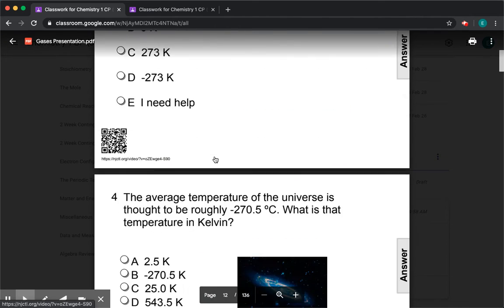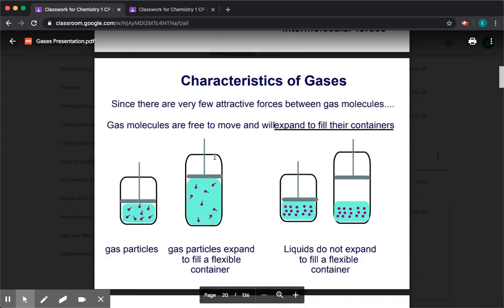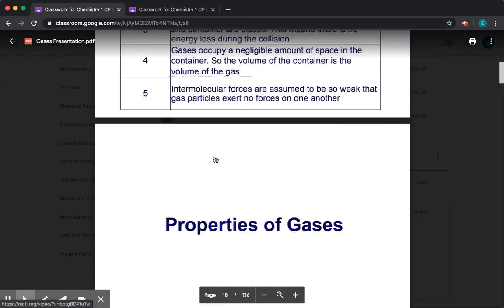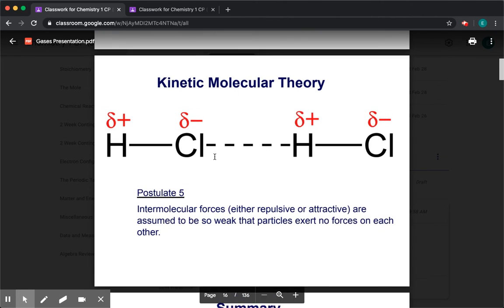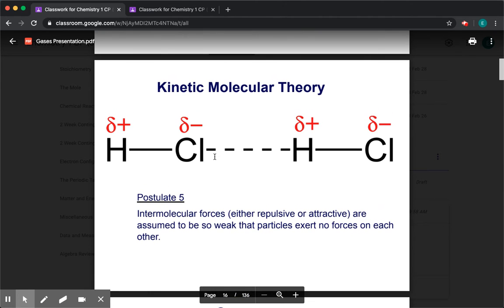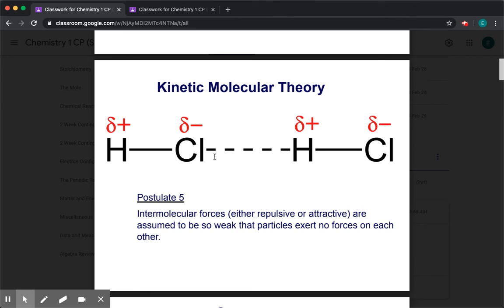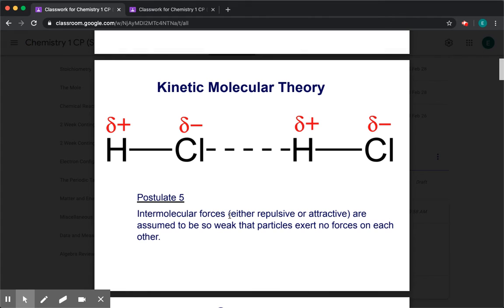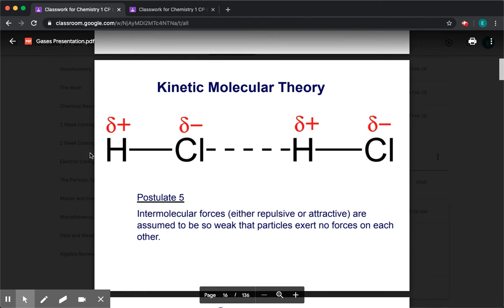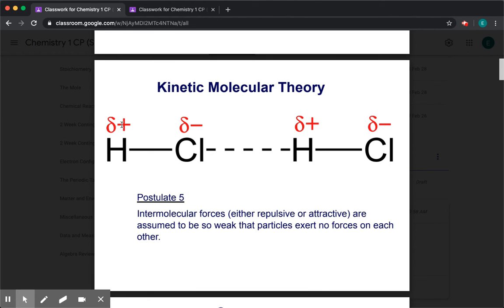That's what this theory is saying. That's the fourth idea. And then the final fifth idea is intermolecular forces. Intermolecular forces refers to the attraction and repulsion of different particles. We talked about positive and negative charges on compounds before, and as we know, opposites attract.